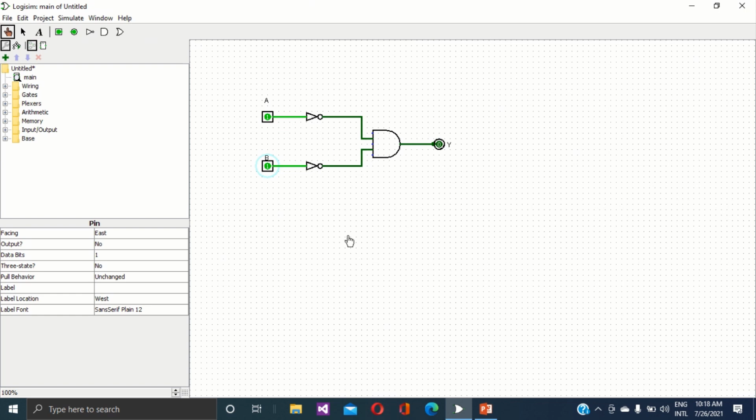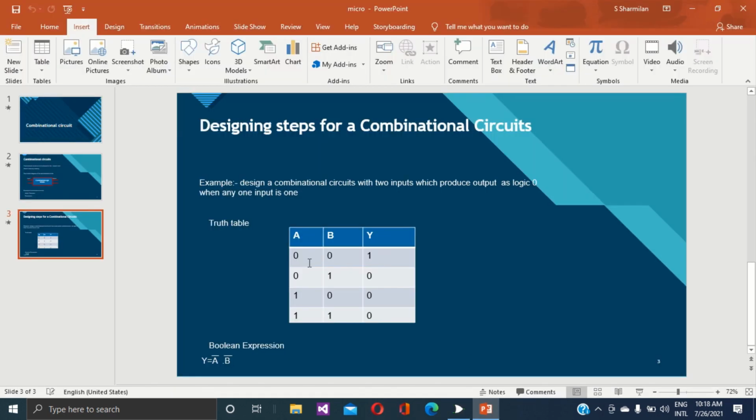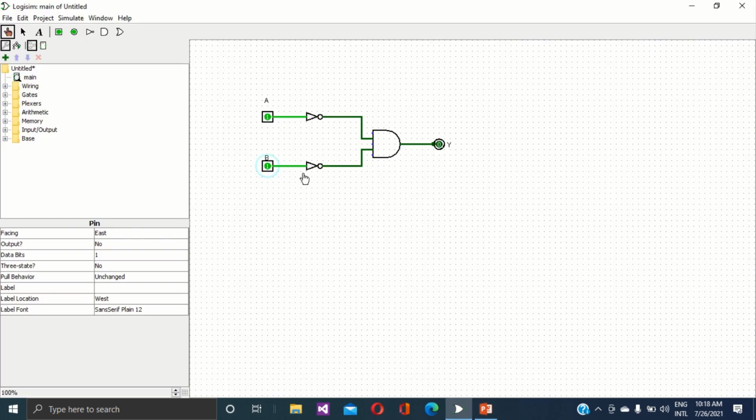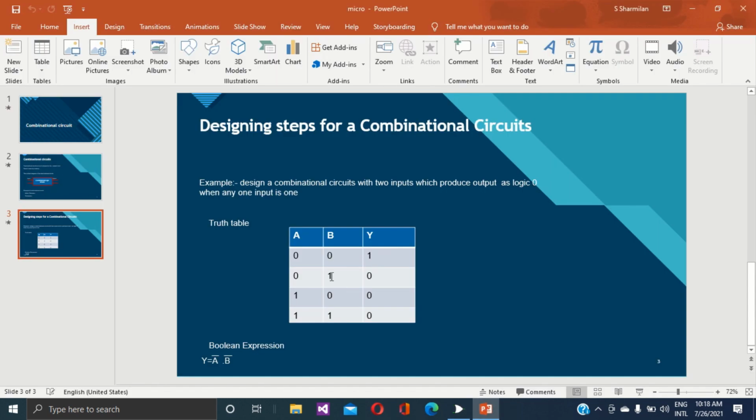Now I am going to check our truth table. First is a equals 0, b equals 0. Now I am going to set a equals 0, b equals 0. Now I get my output y equals 1. So the first row is correct. Second row, a equals 0, b equals 1.